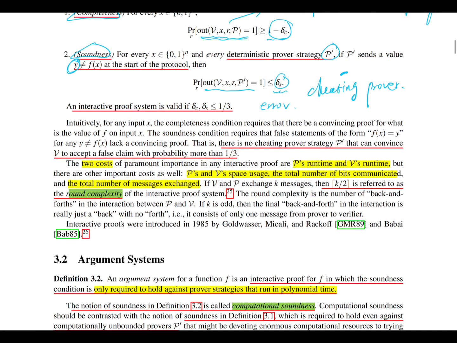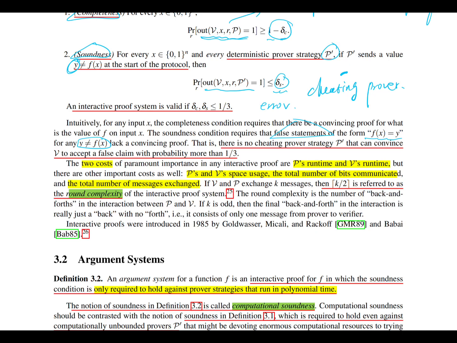Intuitively, for any input x, the completeness condition requires that there be a convincing proof, a very smooth proof for the value of input x. So there will be no cheating. The soundness condition requires that for false statements of the form f(x) equals y, where y is not equal to f(x), there is a lack of a convincing proof.